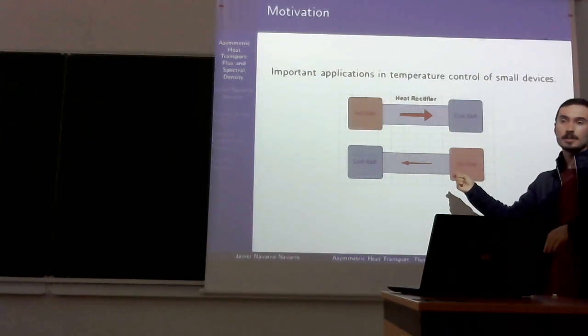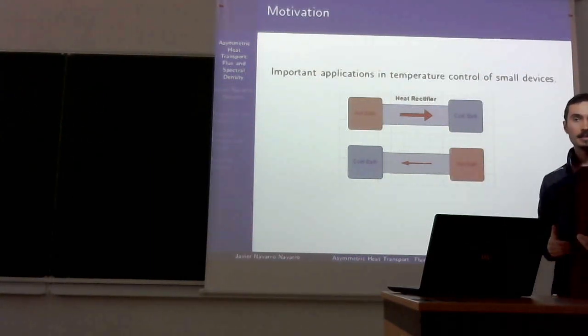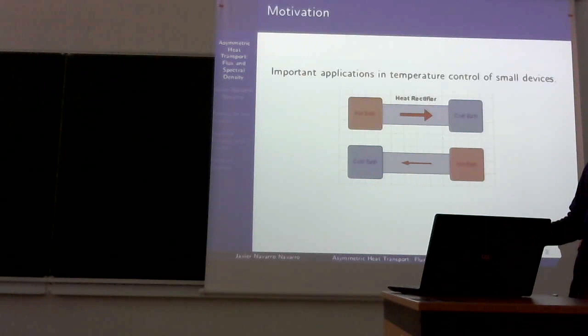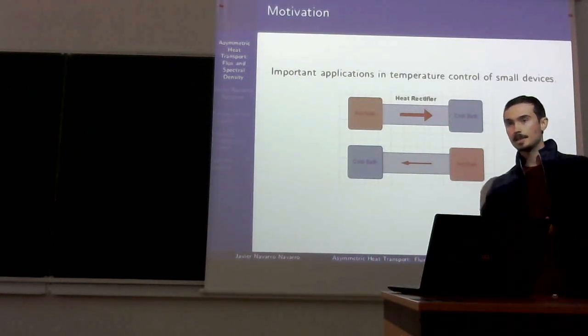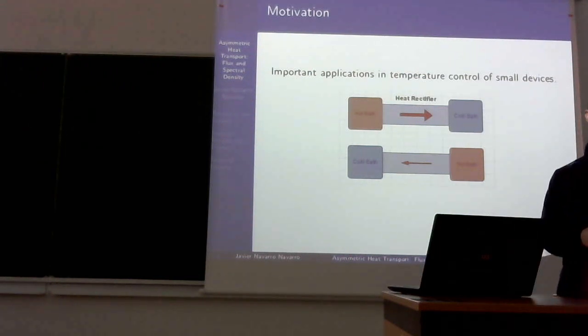So this is a heat rectifier, and it's just the thermal analog of an electrical diode. These devices are going to be important in small electronics or quantum technologies, since we need to control the temperature of a small system.